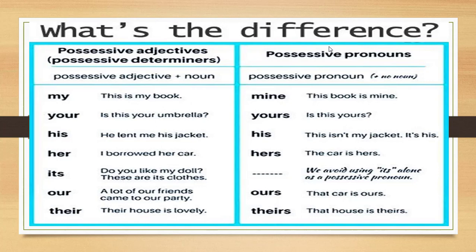For example, my, your, his, her, its, our, their are the possessive adjectives. After this kind of pronoun, we can use any kind of noun. For example, this is my book. My book is the expression in this sentence. My is a possessive adjective, and after my we can use the book, namely a noun.